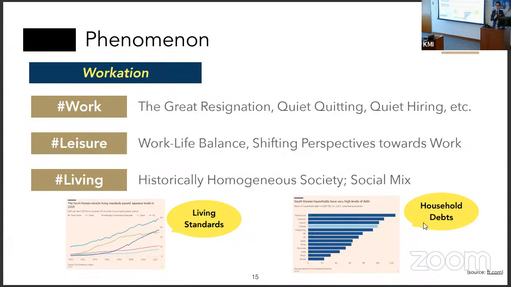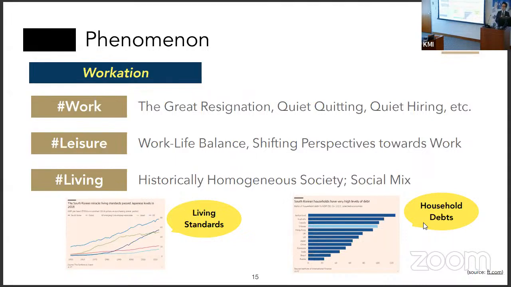So number two, leisure and work-life balance are quite at the center of the mindset for Gen Z and millennial workers, and shifting perspectives towards work. Work cannot define myself. That's another type of mindset for those young workers. And that's why workation, that made-up word, is trending these days.